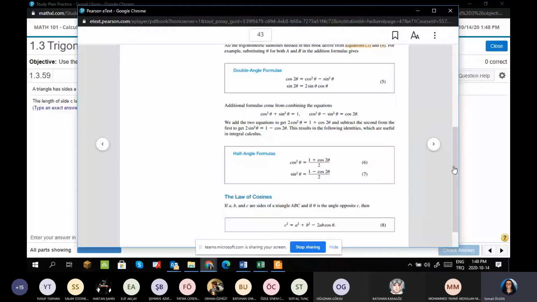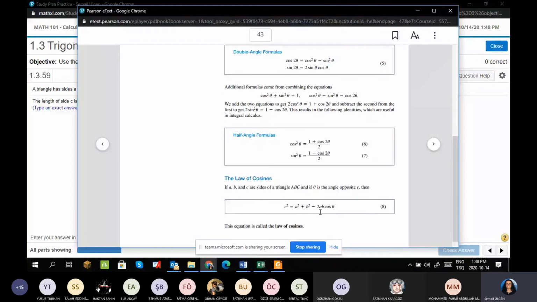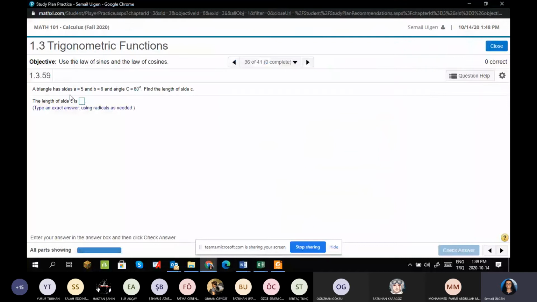Law of cosines, right? So they are asking you for C, and they give you the angle that faces C, that C is the side C. They give you A and B. I'm going to just look at this, and I'm going to take a piece of paper, and I'm going to write it down. And then I'm going to go back to my question. I'm going to write down what 5 is, etc. Because you're not going to type it here.